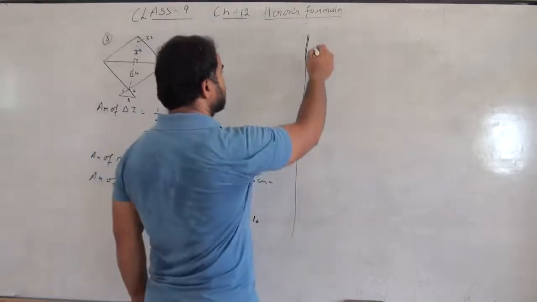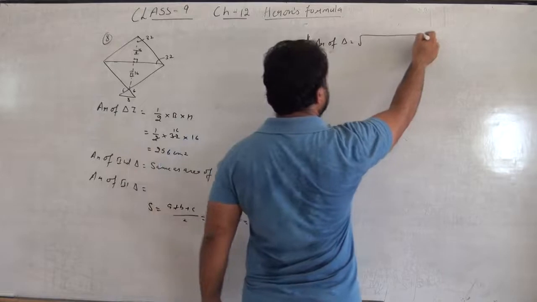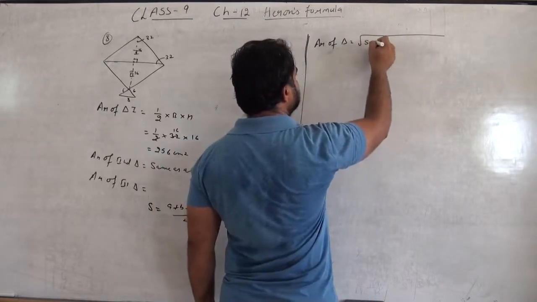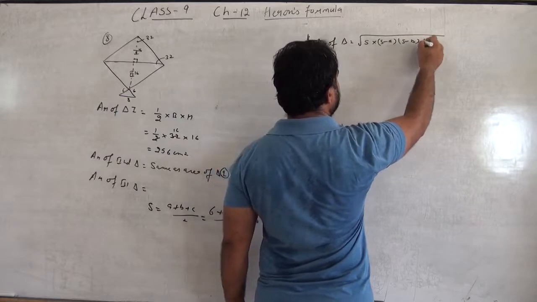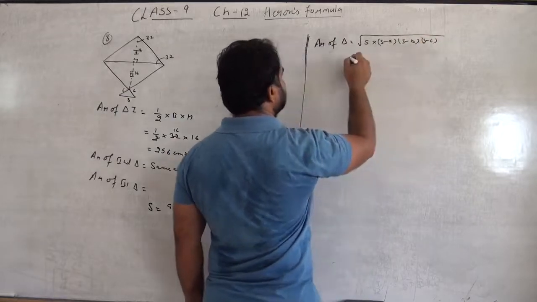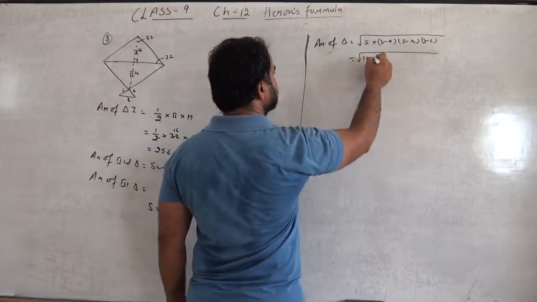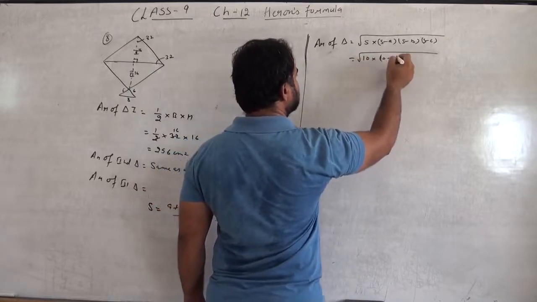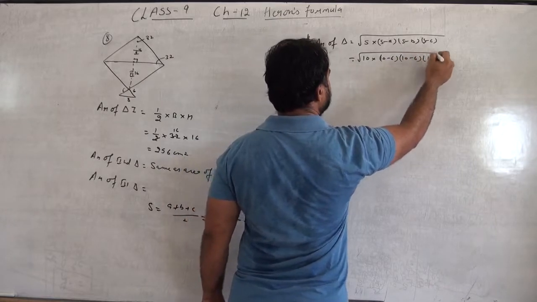Now area of triangle equals root S, S minus A, S minus B, S minus C equals root 10 into 10 minus 6, 10 minus 6 into 10 minus 8.